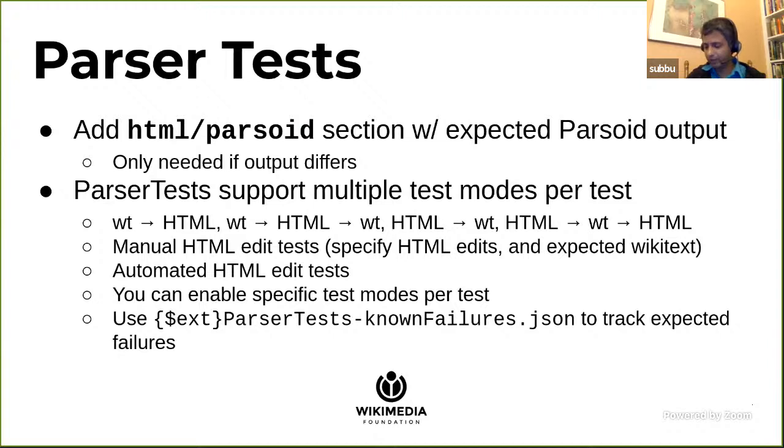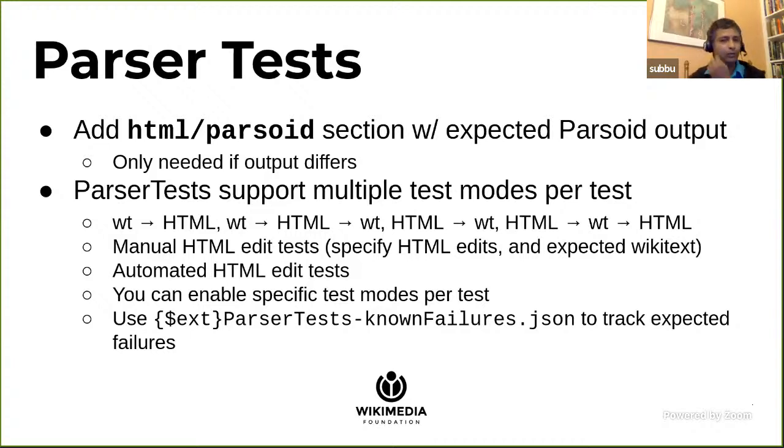But the more important thing is to make sure that your extensions have Parsoid output sections. For the most part, this is only needed if your output differs significantly. The Parsoid test runner currently normalizes certain HTML attributes like typeof, about and data-mw, so it doesn't compare those, as far as I remember.